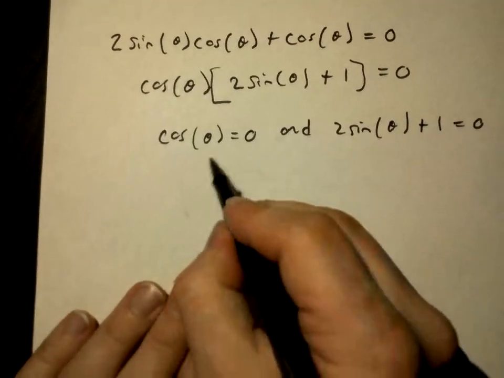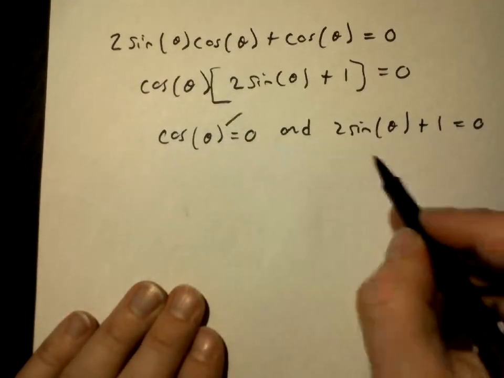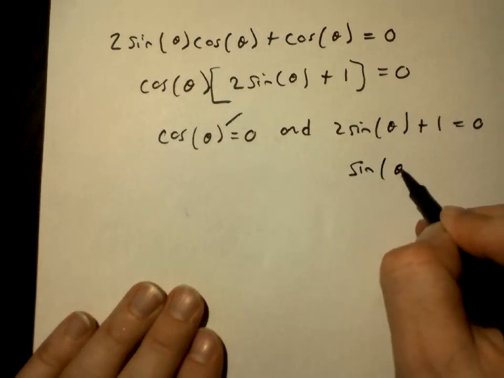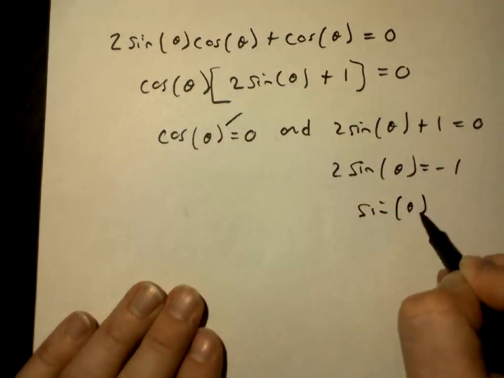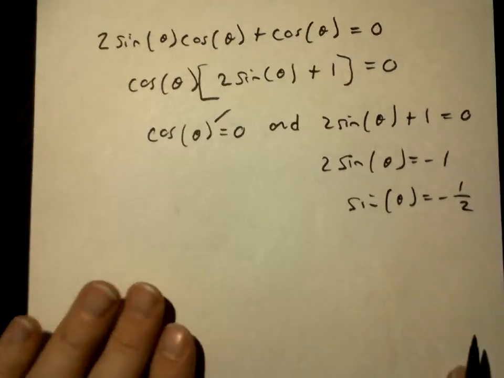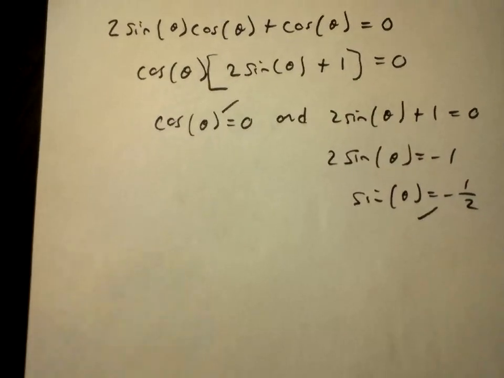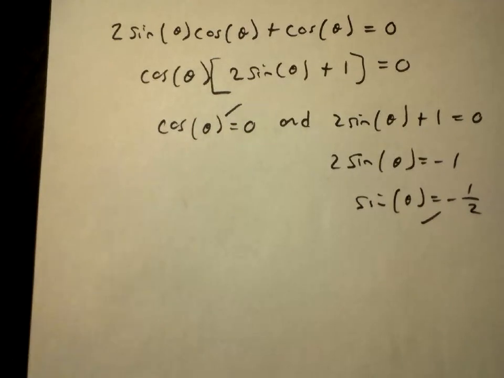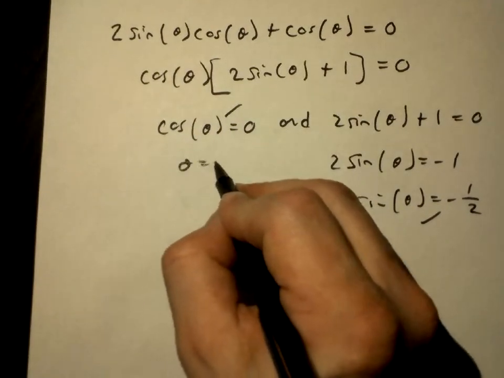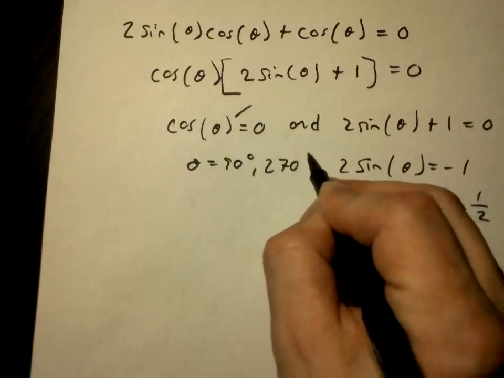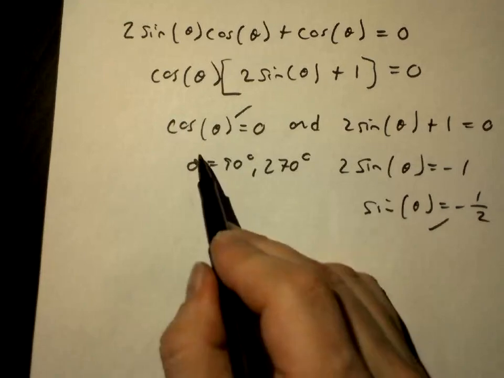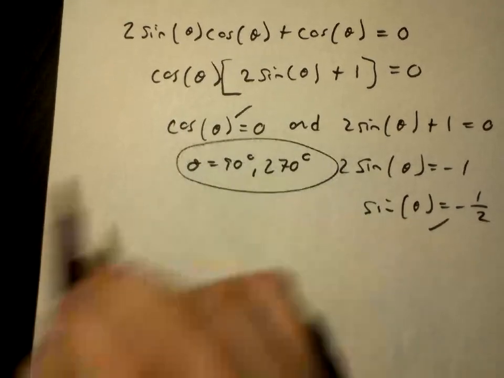And let's go ahead and solve this. So that one's done. And let's move some of this over. So we have 2 sine theta equals -1. Sine theta equals -1/2. And that one's done. So we have to think about, where does cosine equal 0? Well, I do believe that theta is going to be 90 degrees and 270 degrees. So that's that one.